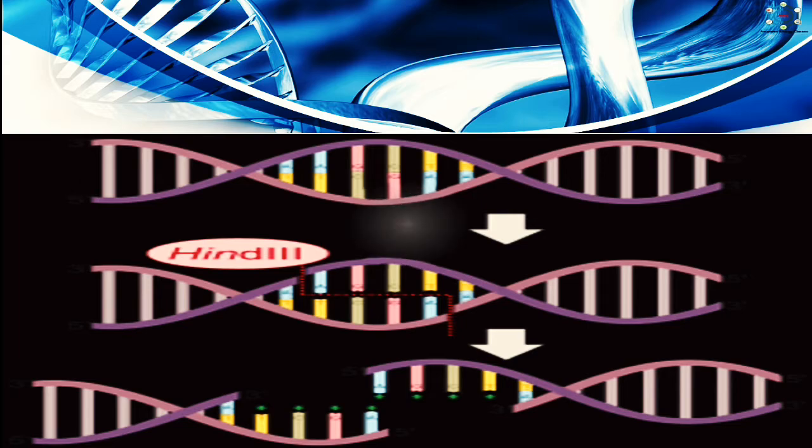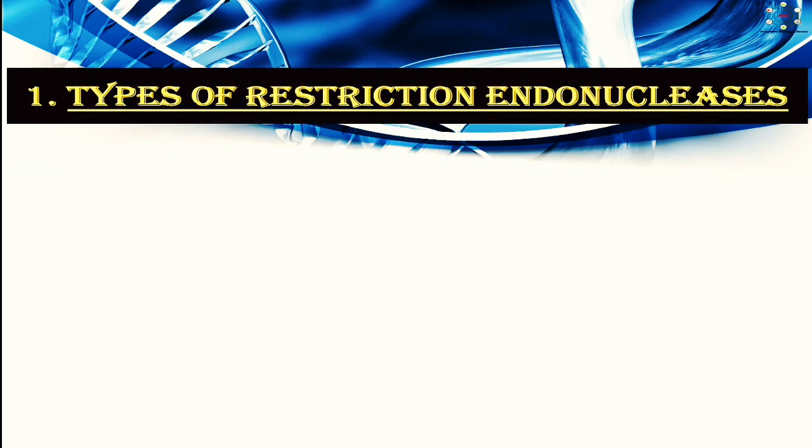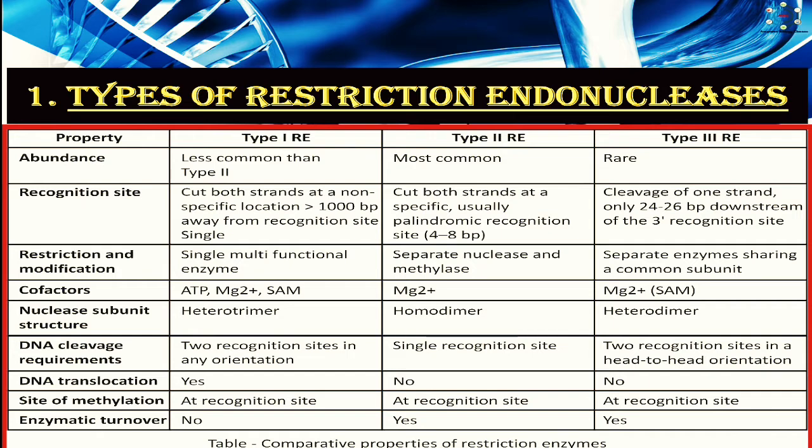Now, there are types of restriction endonucleases. You can see here there are 3 types: type 1, type 2 and type 3. RE indicates restriction endonuclease. According to abundance, type 1 is less common, type 2 is most common and type 3 is rare.